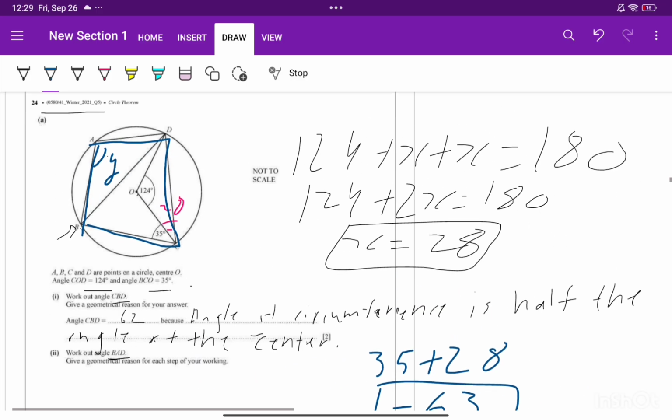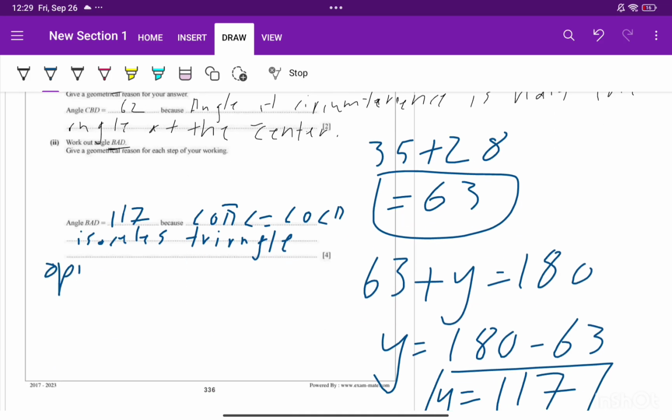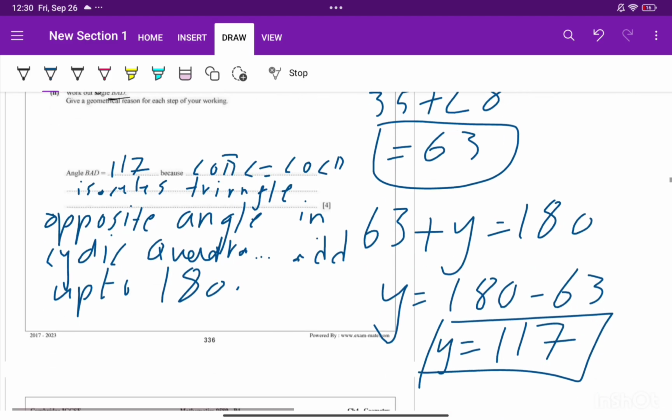And this is the one reason, and the second reason will be that opposite angles in a cyclic quadrilateral add up to 180.